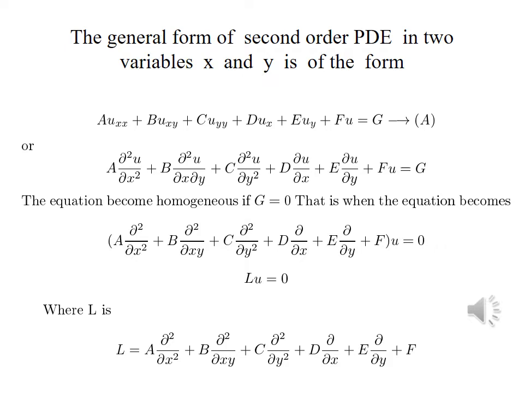It is a u_xx plus b u_xy plus c u_yy plus d u_x plus e u_y plus f u equals g, where a, b, c, d, e, f, g are constants, and u_xx is ∂²u/∂x². Similarly u_xy is ∂²u/∂x∂y, etc. So a general form of second order partial differential equation consists of all such partial derivatives from first order to second order.